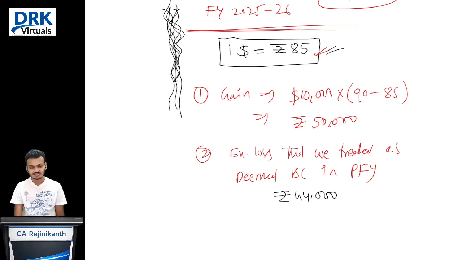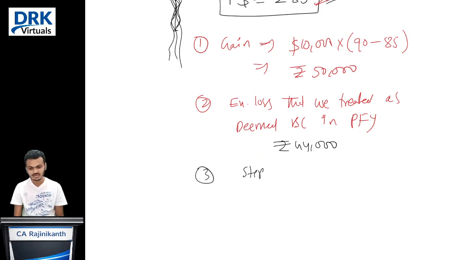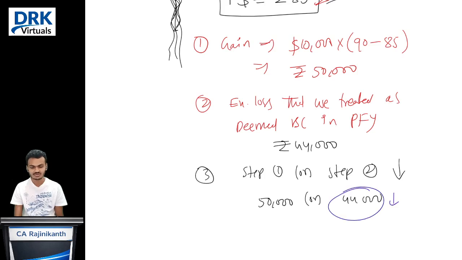Step number 3, you write like this: step number 1 or step number 2, whichever is lower. 50,000 rupees or 44,000 rupees, whichever is lower. What is that? 44,000 is the lower.